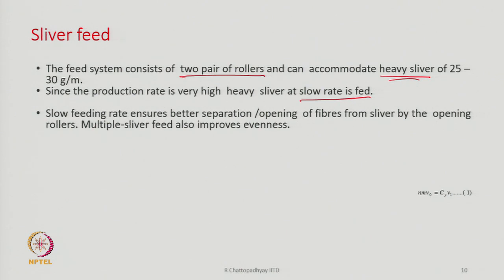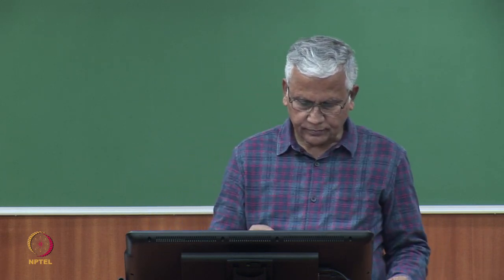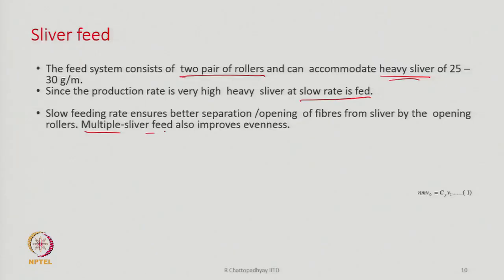Slow feeding rate ensures better separation, or opening, of fibers from the sliver. If I feed the sliver slowly and then they are acted upon by a very high speed opening roller, then the separation of fibers is going to be much better. Therefore, we feed heavy slivers. So, multiple sliver feed also improves evenness as well.